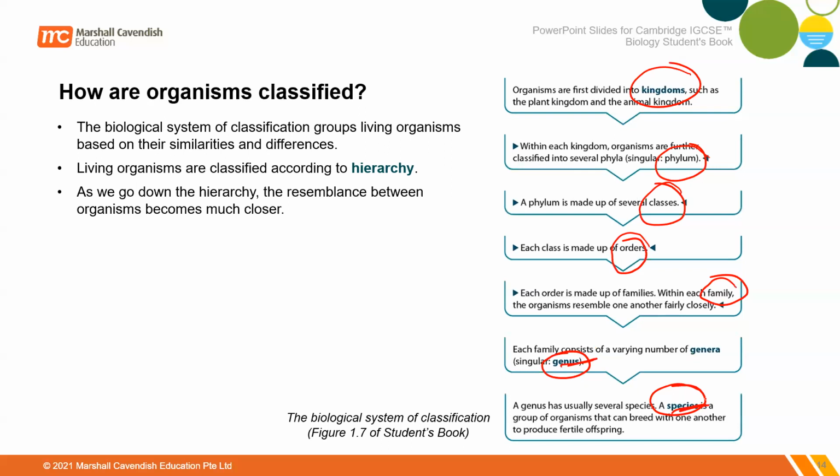What's the binomial system? This is a system created by Carolus Linnaeus, and he said I will give every single organism two names. The first name starts with an uppercase letter, and this is the genus name. And the second name is the species name, and it starts with a lowercase letter.